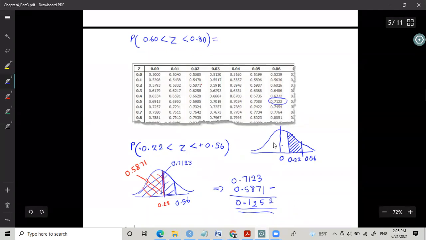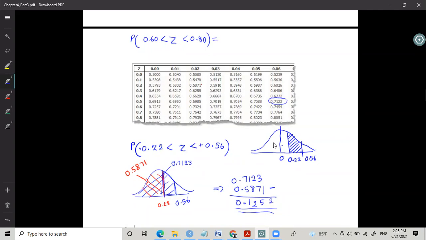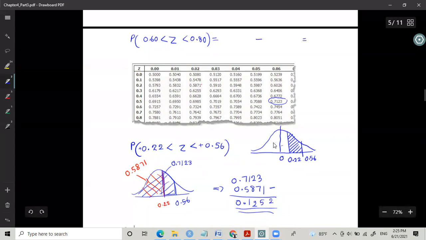Can you find this probability? Give me, how do you do the subtraction? Which value subtract which value, and the answer.